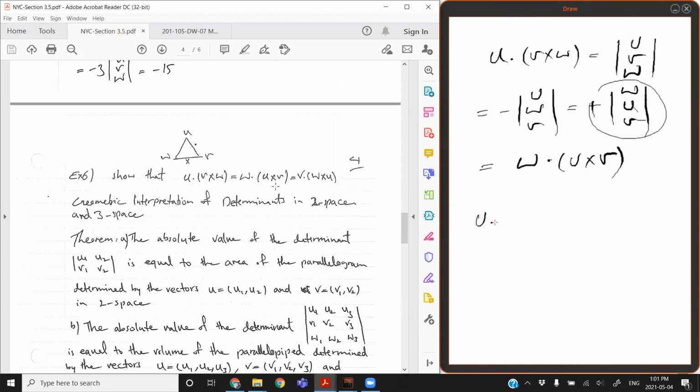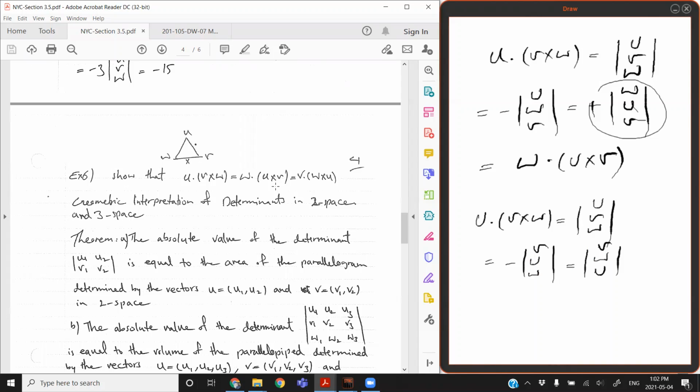Now if I have U dot V cross W, U V W, I can do another two swaps. So for example, let's say I cross the U and the V, I get minus, V goes up, U W, and then I'm gonna do another swap, keep V on top, I switch U and W. W goes here and U goes down.